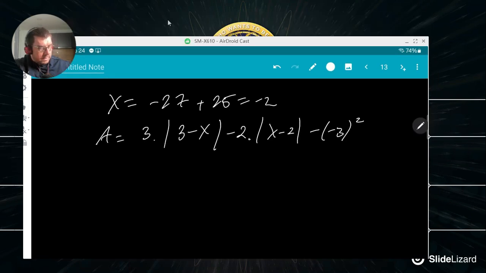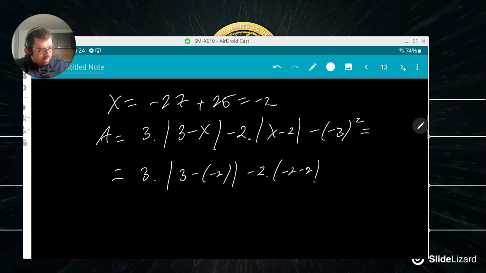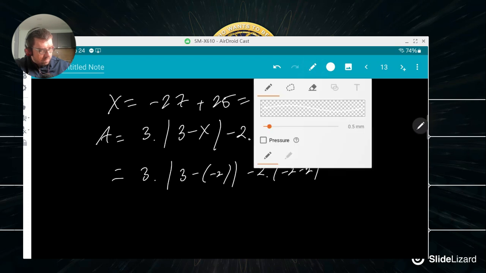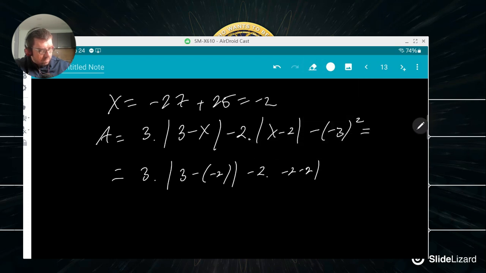Now if I substitute, I'll get 3 times modulus of (3 minus (-2)), minus 2 times modulus of (-2 minus 2), minus 9, right?